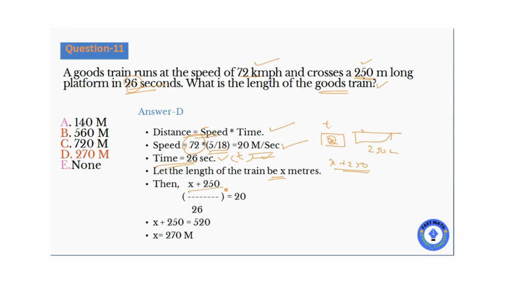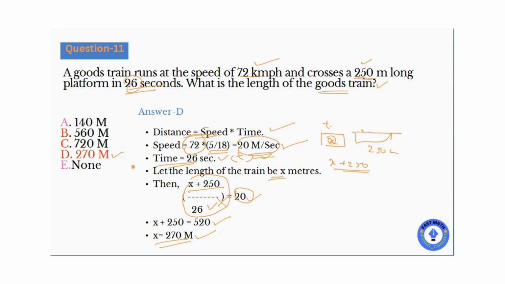That means x plus 250 divided by the time is equivalent to the speed you have already arrived at, 20 meters per second, because distance divided by time is the speed of the train. Ultimately, x plus 250 will be 26 into 20, that is 520. Ultimately, x will be 270 meters, which is the length of the train.